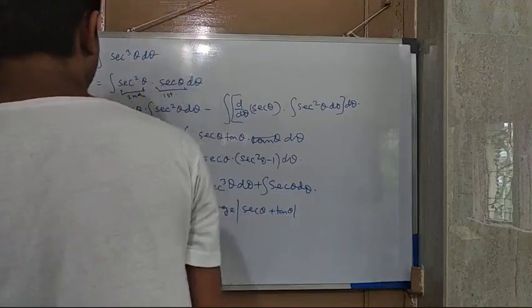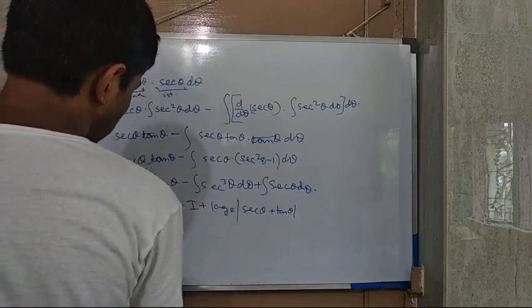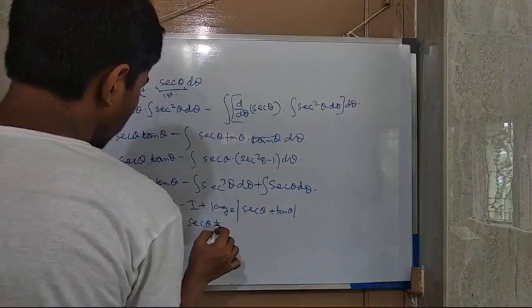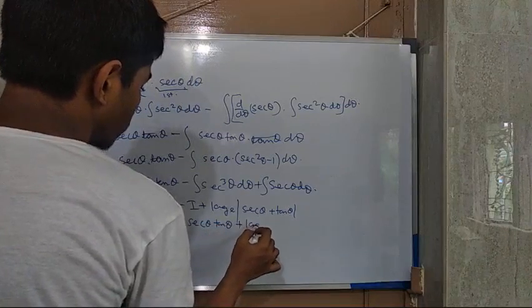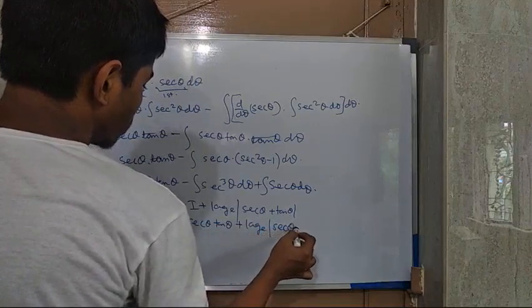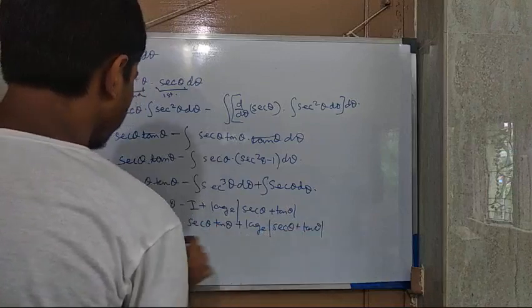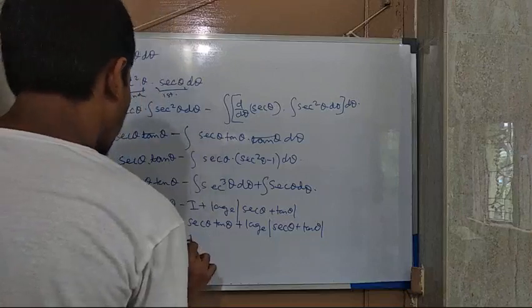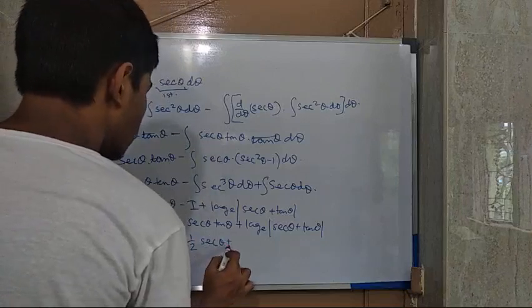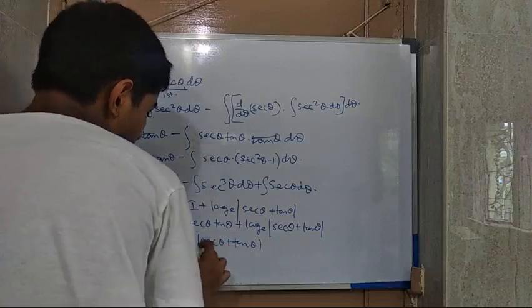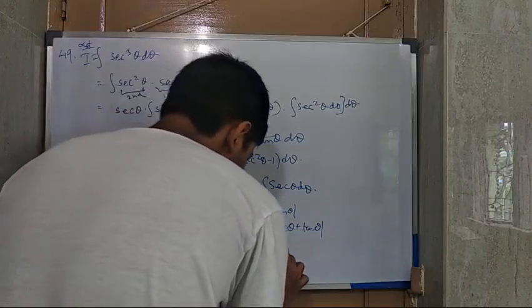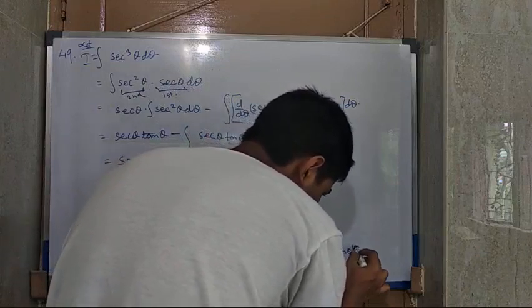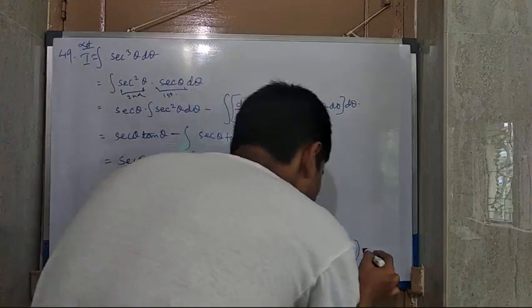It means 2I is equal to sec theta tan theta plus log of sec theta plus tan theta, and hence I is equal to half times sec theta tan theta plus log of sec theta plus tan theta, plus c.